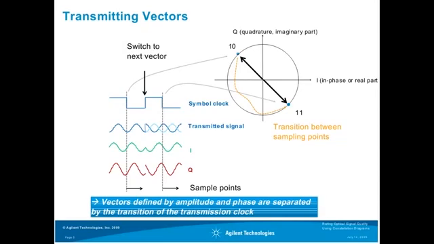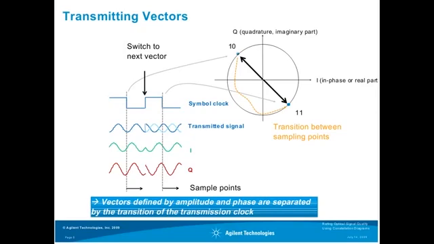Each of these points represents the sampling point of the symbol clock. For example, in this case, the falling edge of the symbol clock represents this point in the polar diagram or in the constellation diagram.